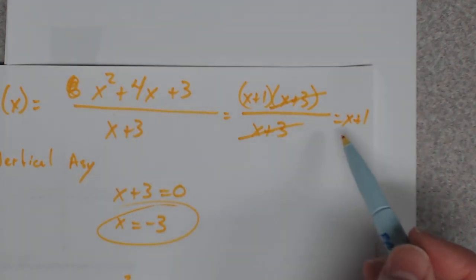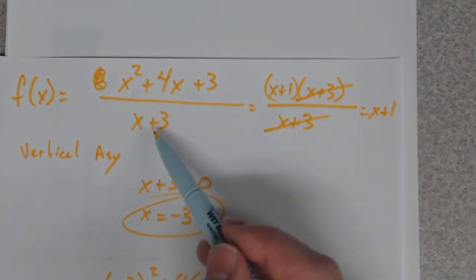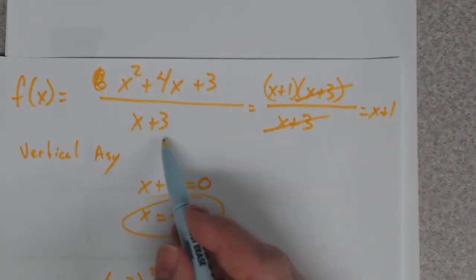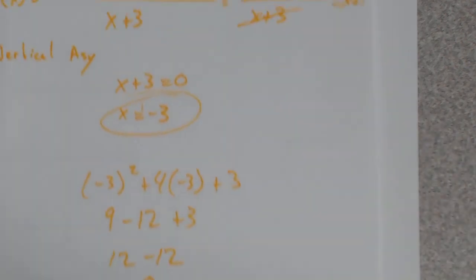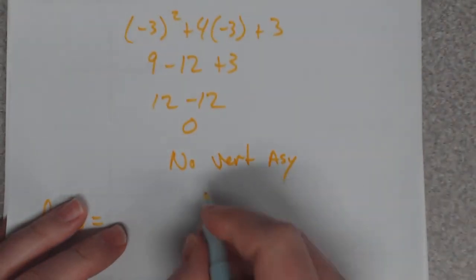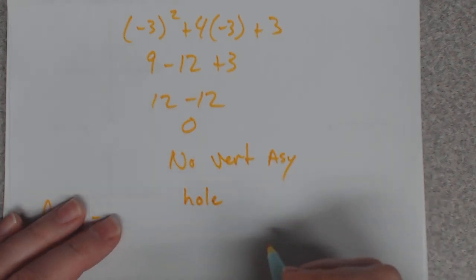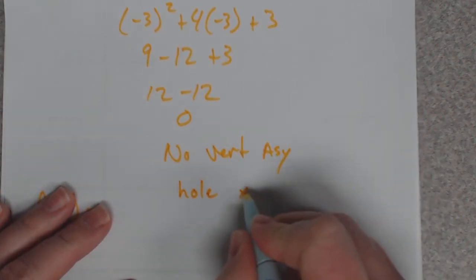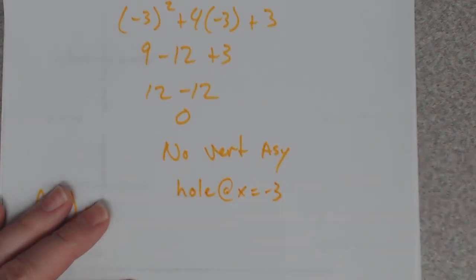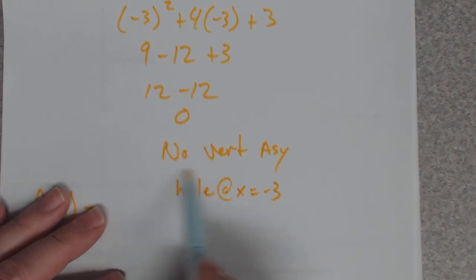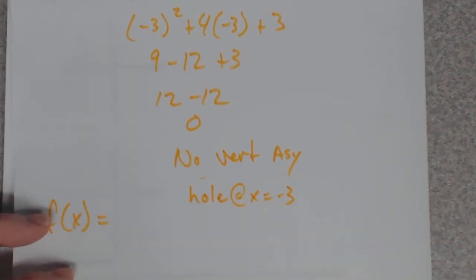So there is no vertical asymptote, but you still can't have x equals negative 3. What you have is a hole. If you graph this, you'll have a hole in the graph. So sometimes there's no vertical asymptote and you just have a hole. You just say none. There's a hole at x equals negative 3.